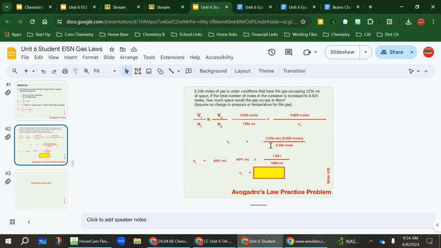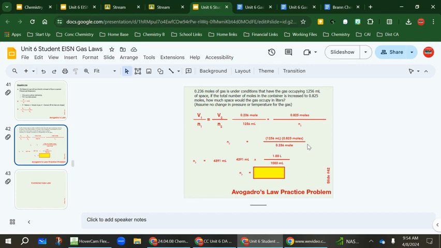Okay, I see what I did. I will make the corrections in just a few minutes. With gas laws, it doesn't matter as long as you are consistent. In other words, you could put T over P equal to a new temp over a new pressure. We don't do it because we are trying to create consistency, and I'm sorry it slipped through on your notes that I put it in the other way.